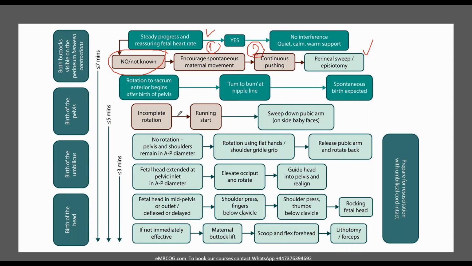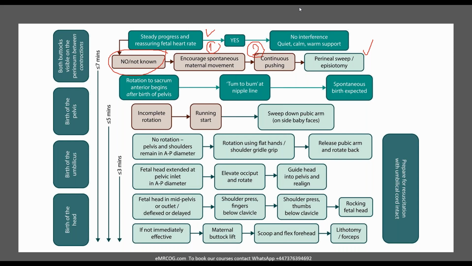So this is at the first stage, when the buttocks are visible on the perineum between contractions and we don't have steady progress or there is a problem in the fetal heart rate. So encourage spontaneous maternal movement and continuous pushing, and if everything is good, go to the perineal sweep and/or episiotomy.